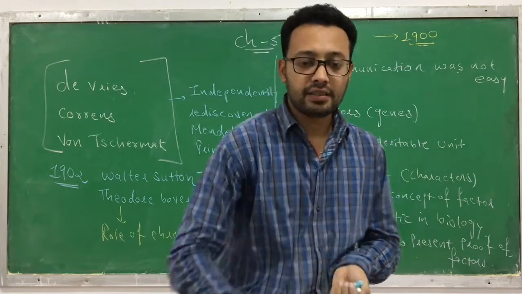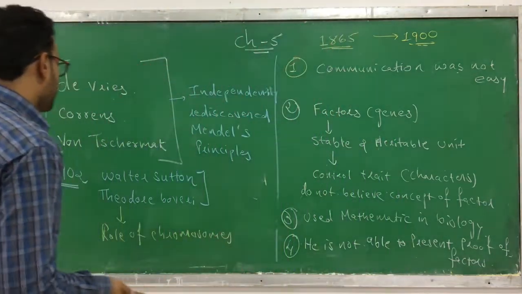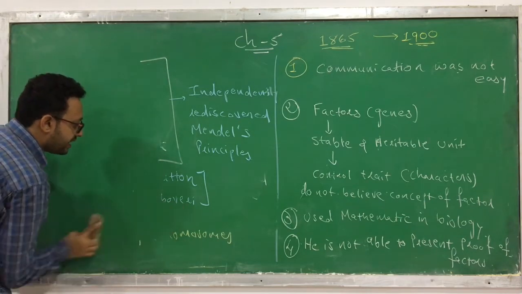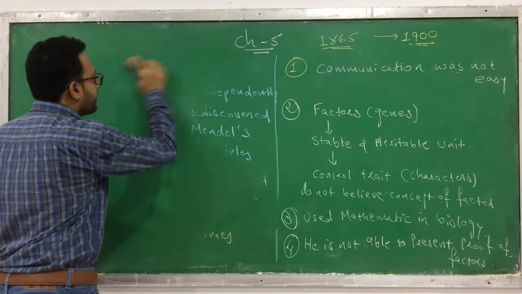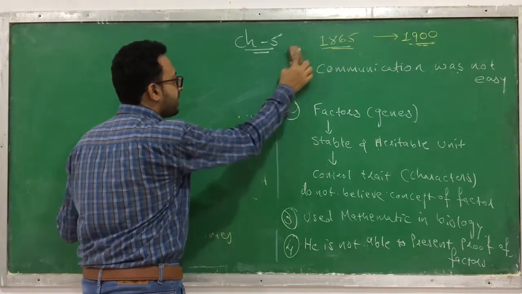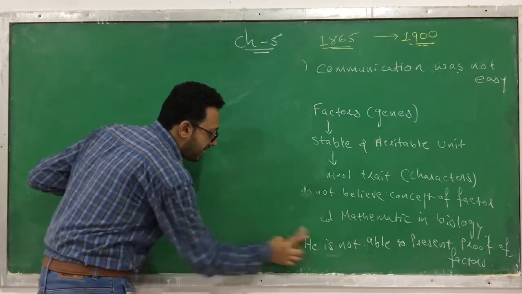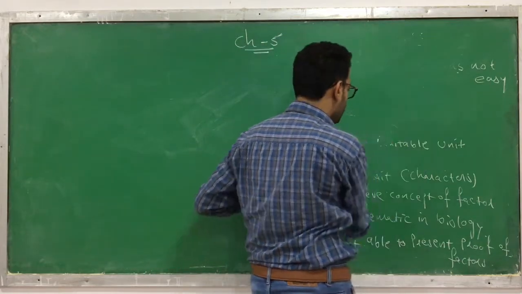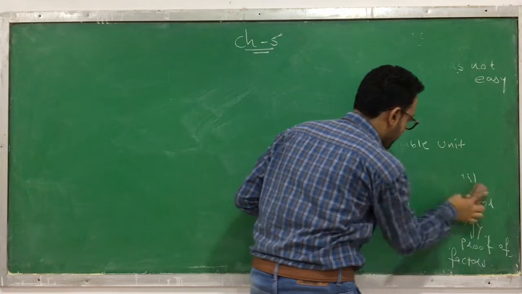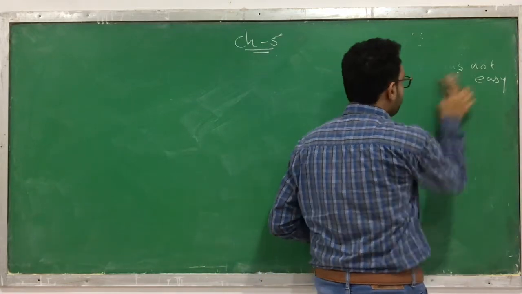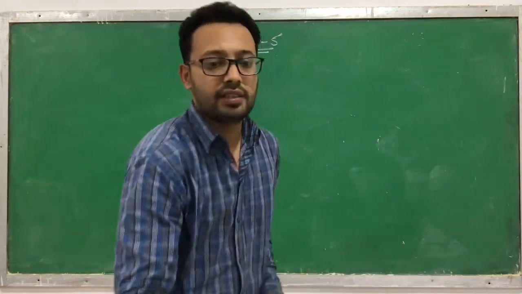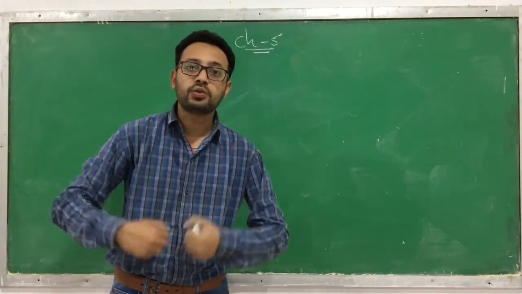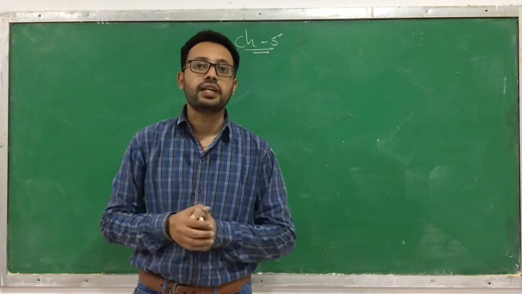Next, after this, many scientists, specifically T.H. Morgan, started to see whether we are able to get the same result as Mendel performed. After there was recognition of Mendel's experiment, people came to know that Mendel was saying something right.